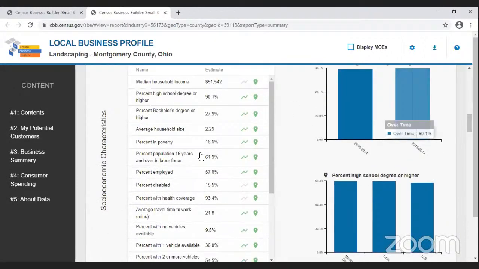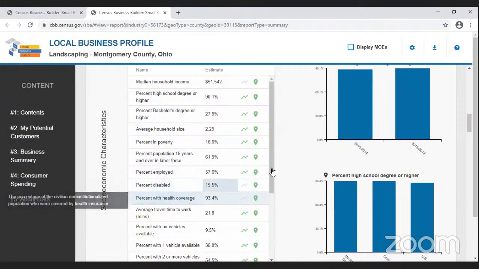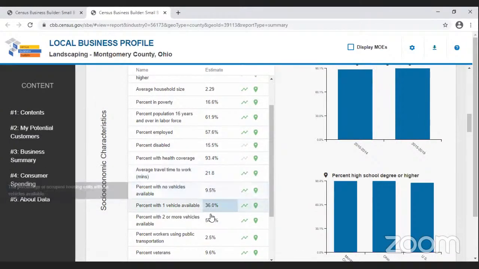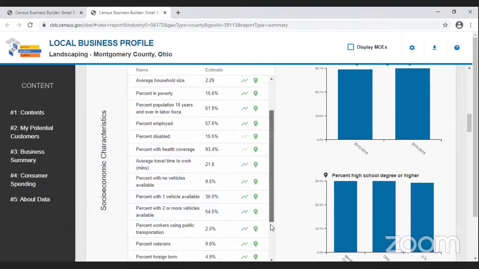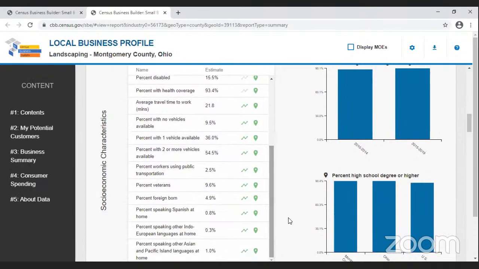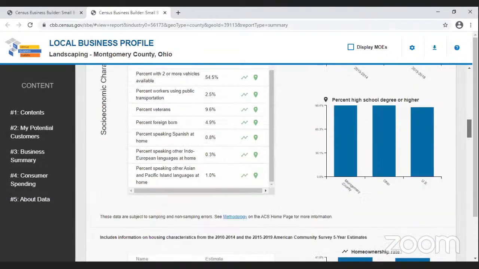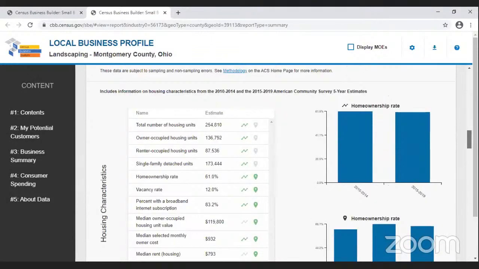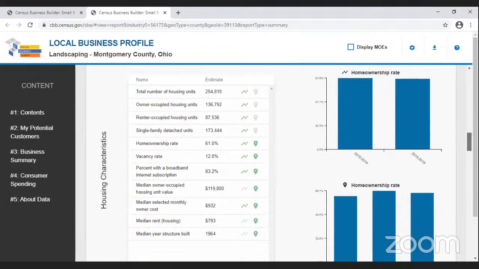After all that, you've got a bunch of other ACS data: poverty, employed, disabled, health coverage, how long it takes to get to work, vehicle information, veterans. So there's literally tons of ACS data available. This is all the housing data.